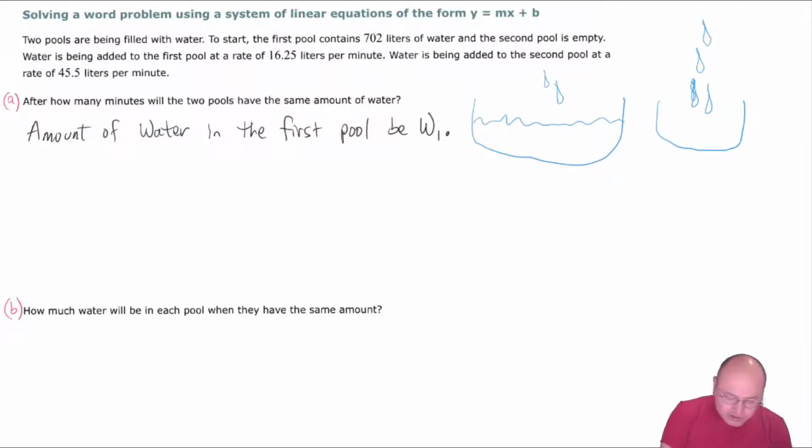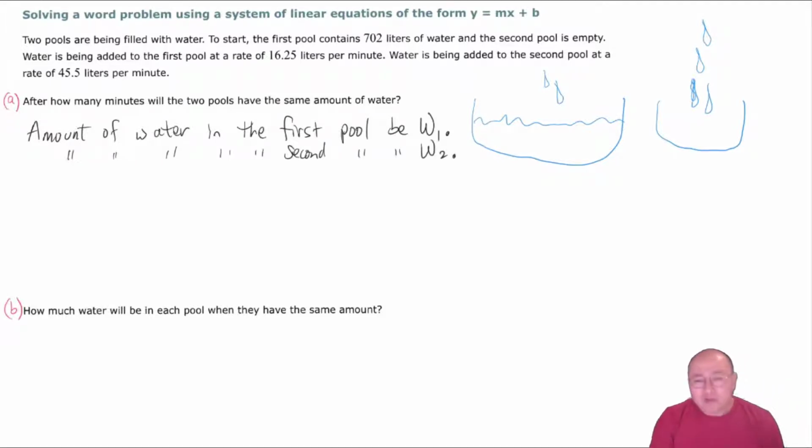Once you get that, we could easily figure out what another translation is going to be. Why don't we say the amount of water in the second pool be w sub 2. We also need one more thing. We need another variable.